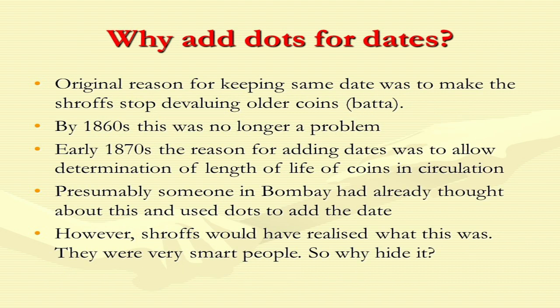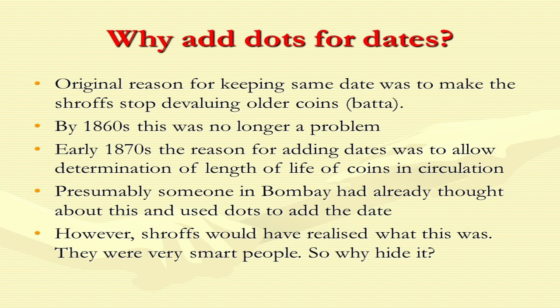So why would you want to add the dots to put dates on anyway? Well, as I've said, the original reason for keeping the same date was to stop the Shroffs devaluing older coins. By the 1860s, that wasn't a problem because for nearly 100 years, the coins all had fixed dates, so Shroffs couldn't debase the coins.